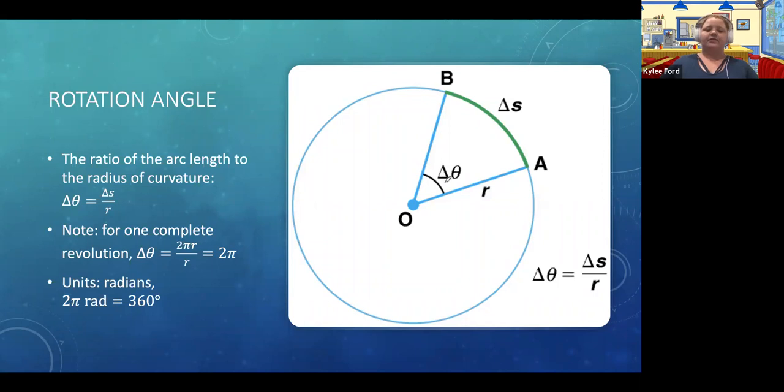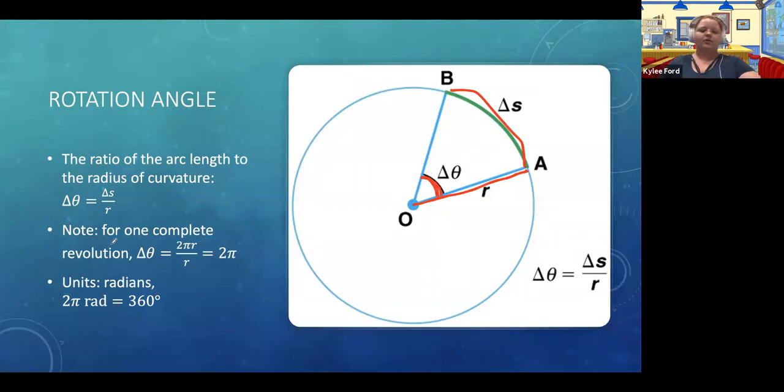It is the ratio of the arc length, delta S, to the radius of curvature, which is just the radius of the circle. That's how we define our rotation angle.